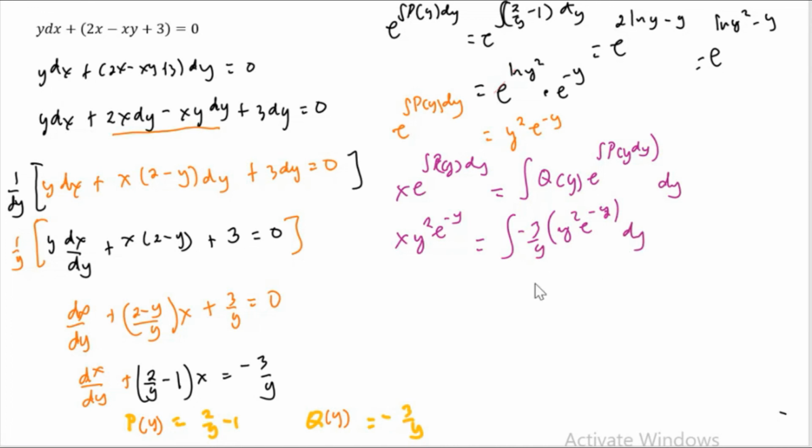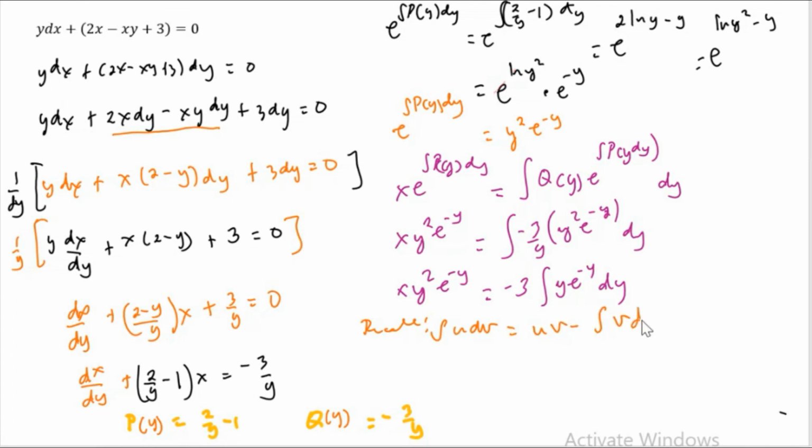Simplifying the right hand side, we can write x y squared e raised to negative y equals negative 3 times the integral of y squared over y, which is only y. So we have y e raised to negative y dy. In this case, class, our integrand can be solved using integration by parts. Recall that the integral of u dv is equal to uv minus the integral of v du.